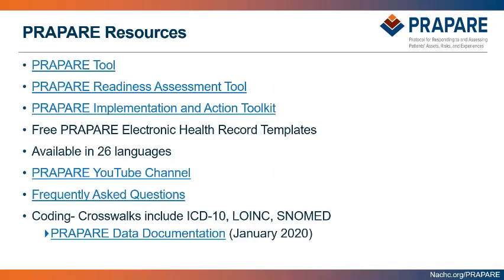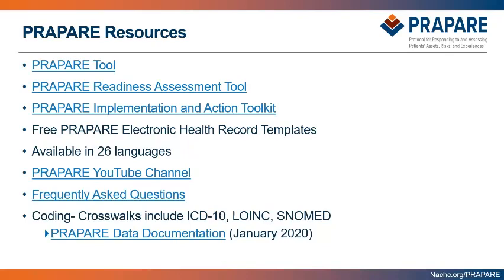We have a plethora of resources available to support you on your PRAPARE journey. The PRAPARE tool can be used as a paper handout or implemented into the EHR. The PRAPARE Readiness Assessment tool can help identify your organization's readiness to implement PRAPARE. The PRAPARE Implementation and Action Toolkit provides resources, promising practices, and lessons learned to guide implementation, data collection, and responses to social determinant needs.